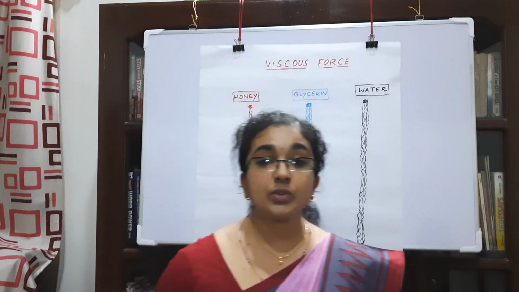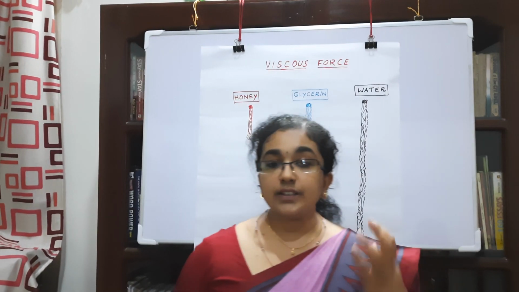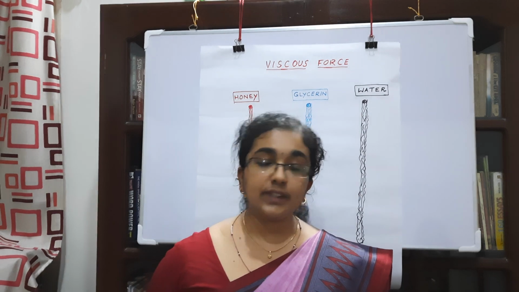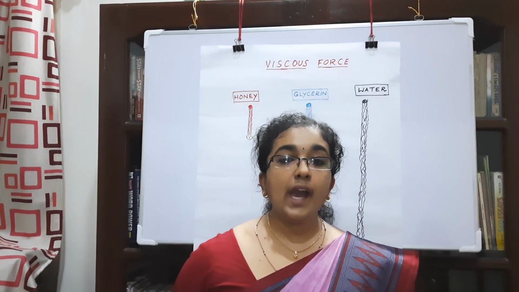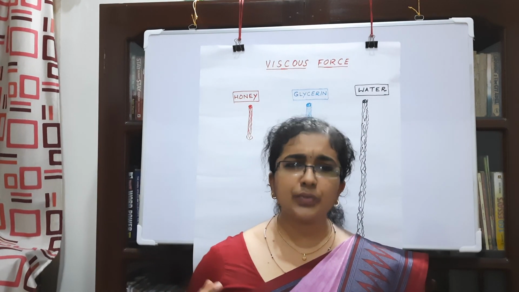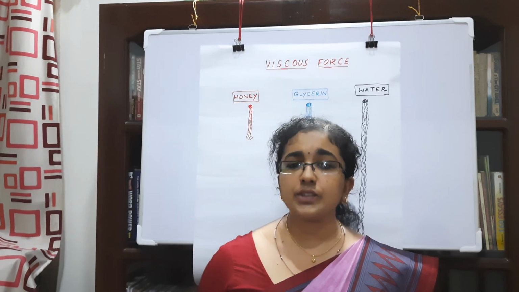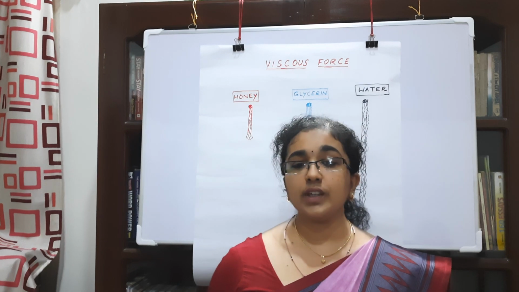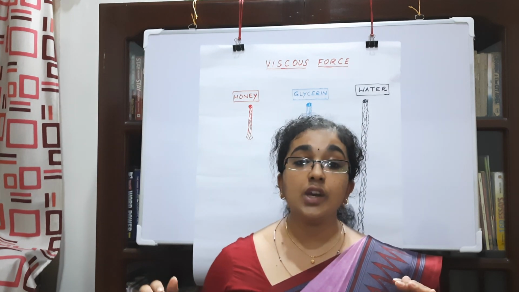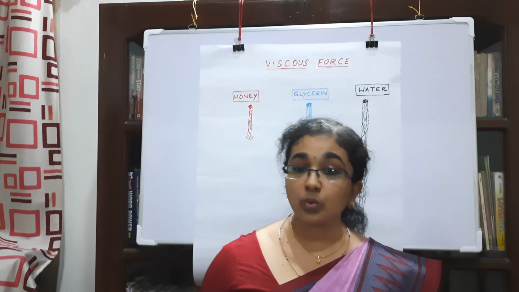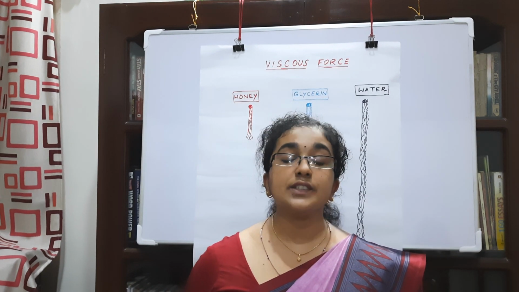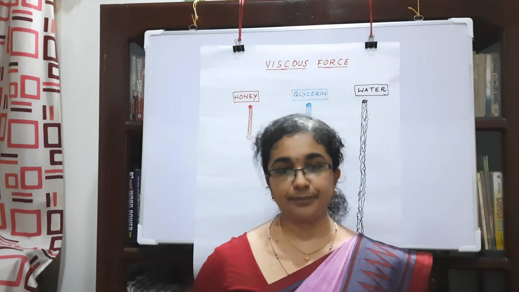The different liquids flow at different speeds, and there is a frictional force between the layers of each liquid. This frictional force is parallel to the layers and tries to prevent the relative motion between the layers. This frictional force is known as the viscous force.